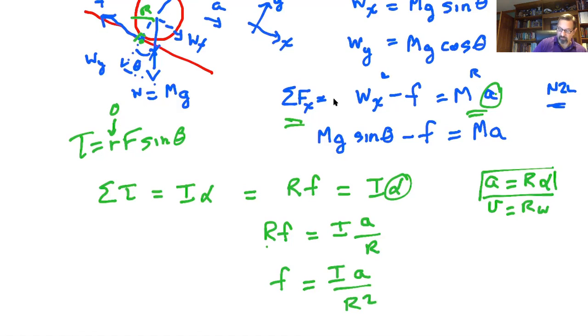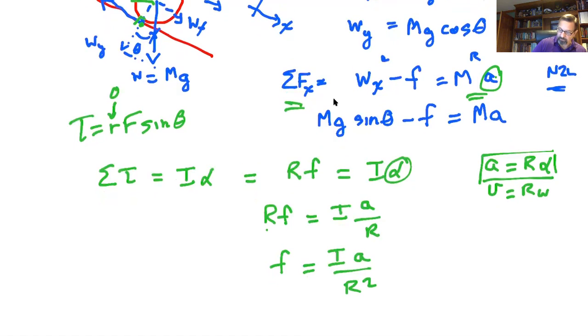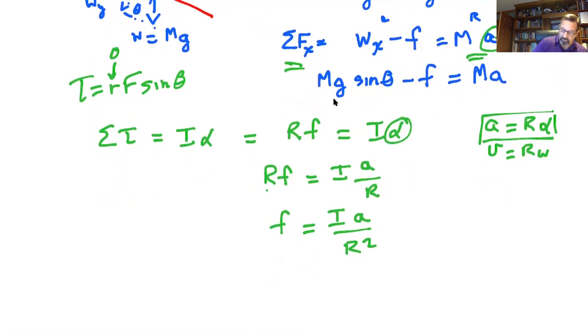Well, I think you hopefully realize the reason I've changed colors here is so that I can now combine those two results. From the two fundamental equations of physics, I can put that right in there and rewrite the equations. Because again, I've got another equation that came from the sum of the torques being equal to moment of inertia times angular acceleration, what I've been calling Newton's second law for rotation.